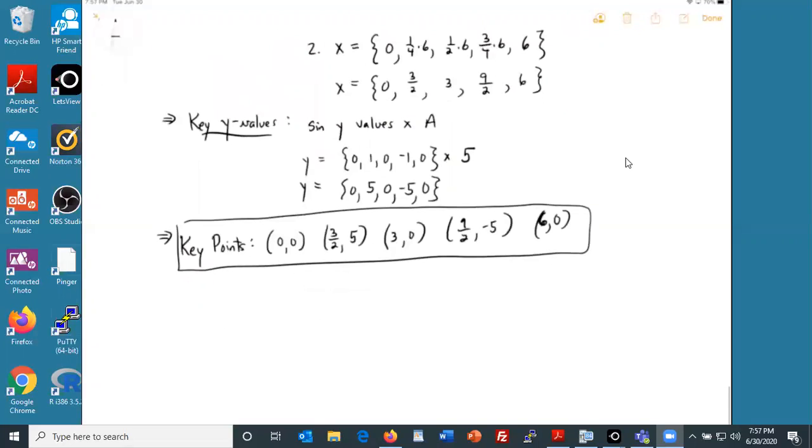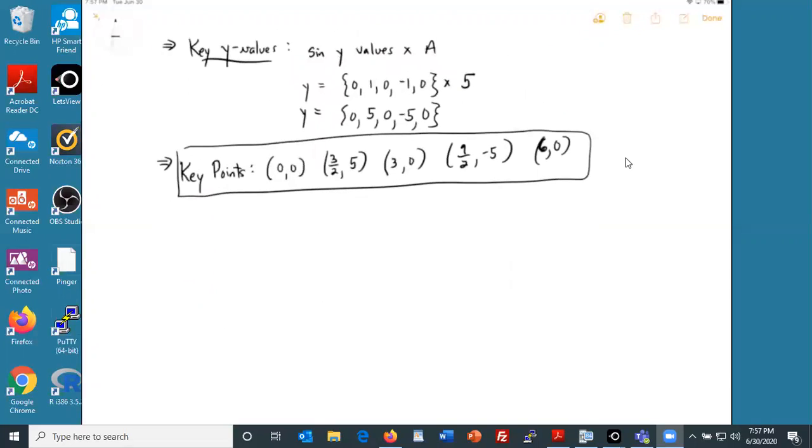And now you plot them. So again, because the amplitude is 5, right, our y-axis needs to go up and down to 5 and -5. And then the x-axis, we'll use the key x values. They just get evenly spaced because, remember, they're evenly spaced by quarters, all right? So we get 0, 3/2, 3, 9/2, 6.